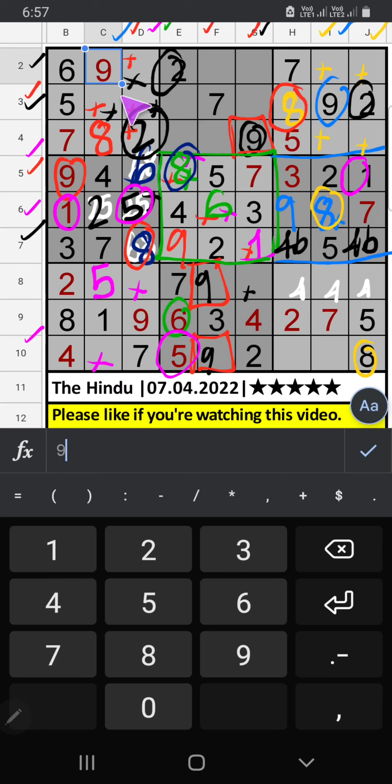Column C, 2 numbers are remaining, 3 and 6. First grid, we have 6. So 6 can't come in this cell. 6 is confirmed here. Then 3 is here.